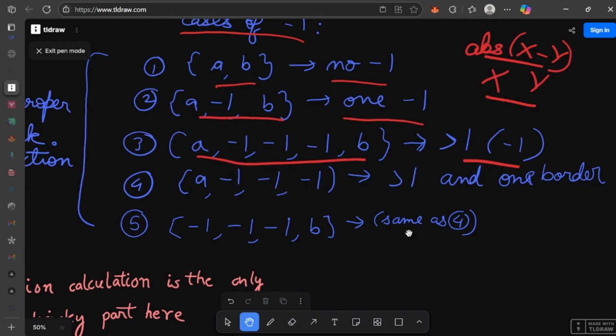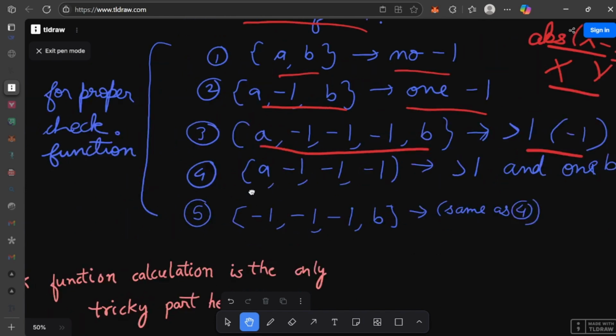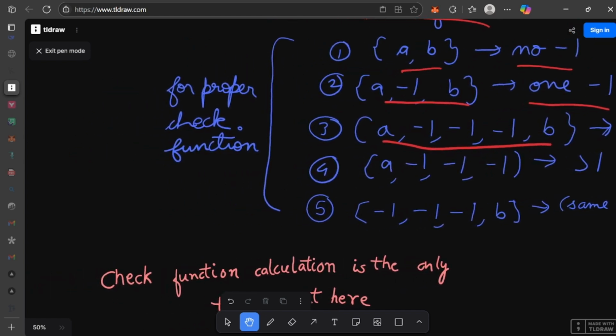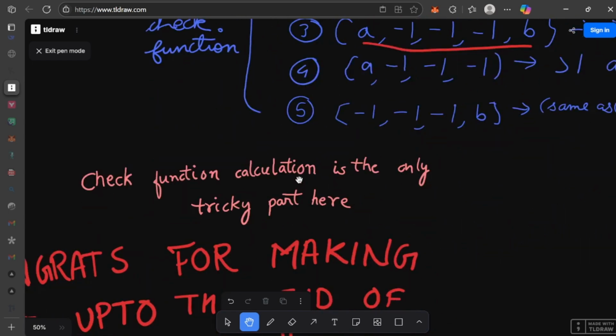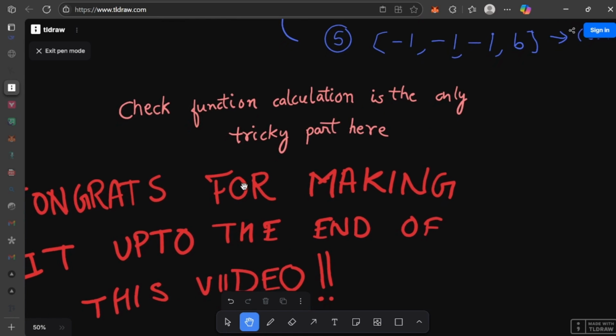Here also same, 1 border, same case. So these 4 cases actually we have to handle in the check function. For these 4 cases we would have the if else conditions.